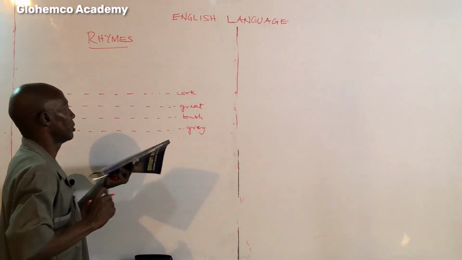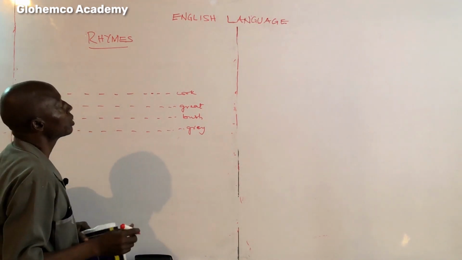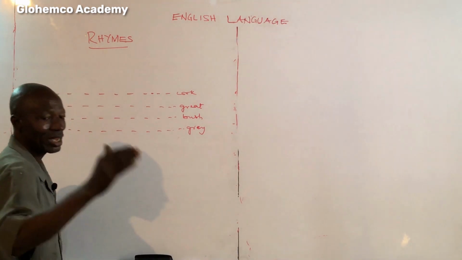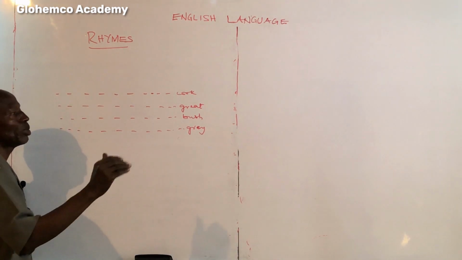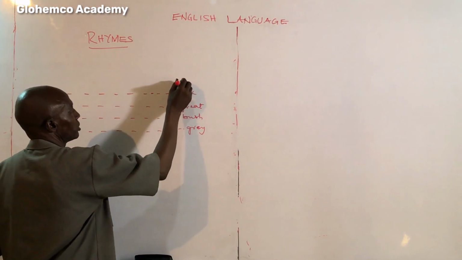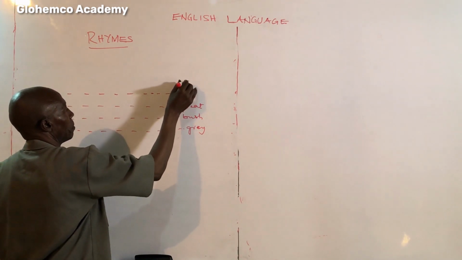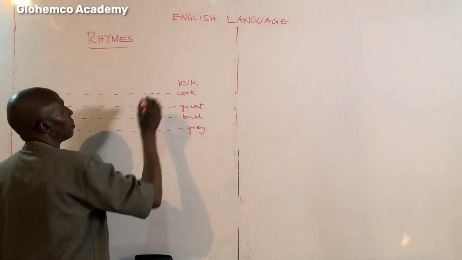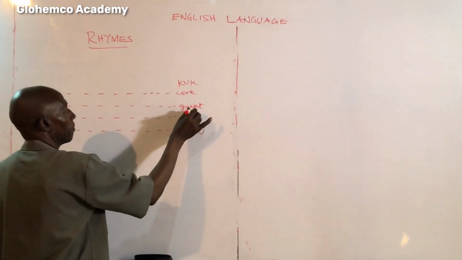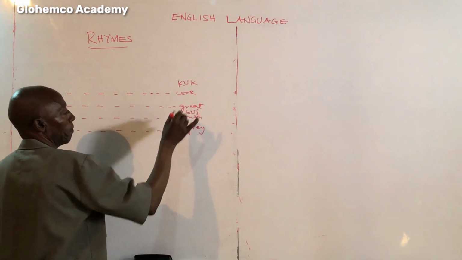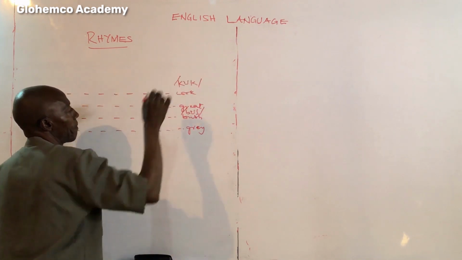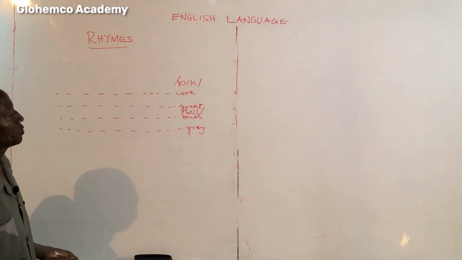Now, cook and bush, they have the same rhyme. Cook and bush. If I want to transcribe now, that's cook, and this is bush.